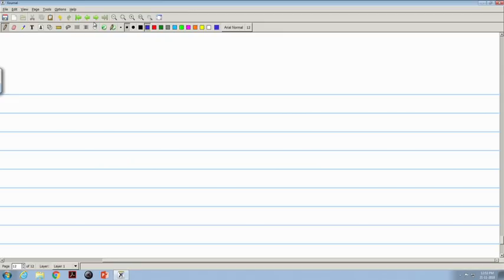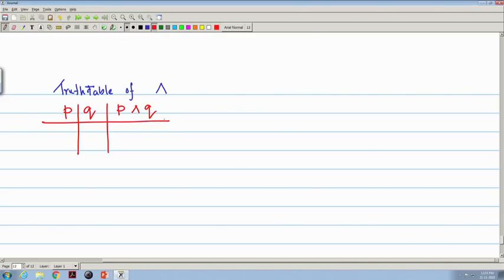Now, we see the conjunction and disjunction. For P and Q, I can write the truth table of conjunction with columns P, Q and P and Q. Now P and Q can take 4 values.